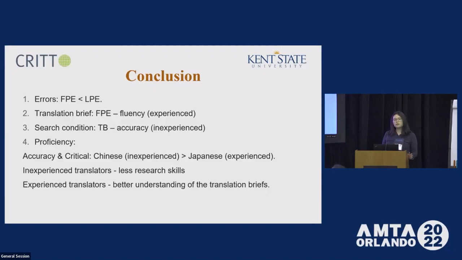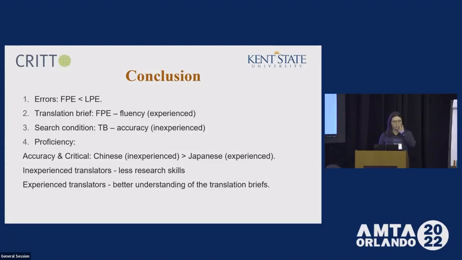We summarize this as the difference in their translation proficiency, as the Chinese versus Japanese participants produce more accuracy and critical errors. This is quite expected because the Japanese translators are more experienced.